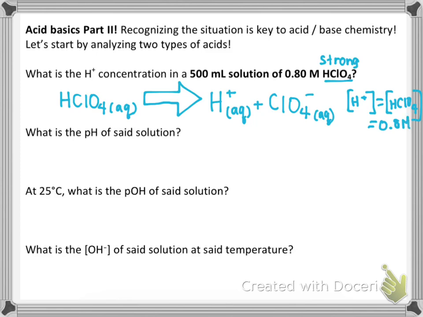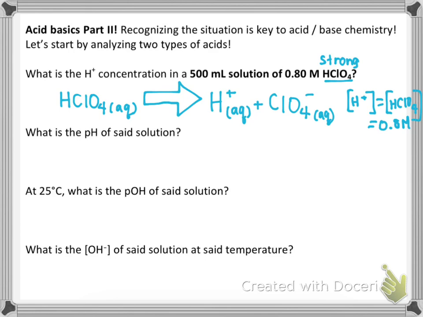So they did give us a volume, but we don't need our volume when we're thinking in terms of concentration. If I have a half gallon of Death by Chocolate, or if I have a cone of Death by Chocolate, it still has the same concentration of chocolate chips and stuff within it. It doesn't change what it is just by being present in a different amount.